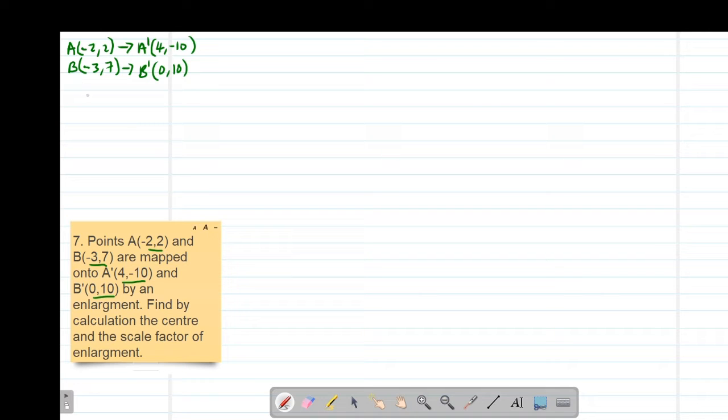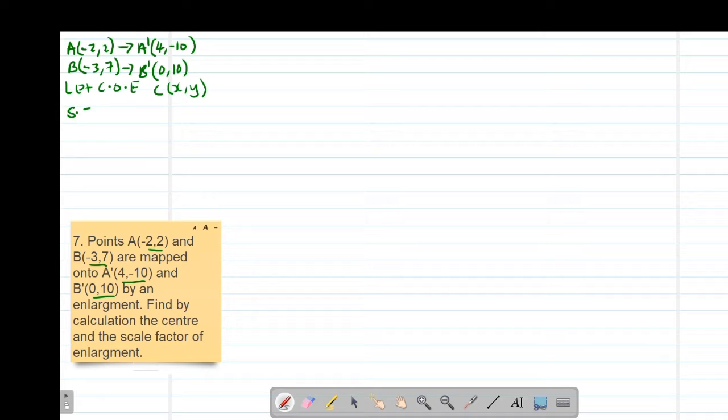So they want us to find the center of enlargement. I will let the center of enlargement be denoted by coordinate C, which has the points x, y. Remember, the distance from the center of enlargement to the image, divided by the distance from the center of enlargement to the object, gives you the scale factor.